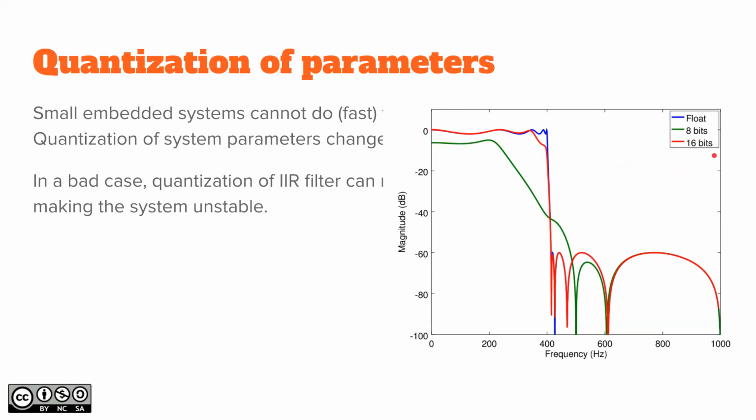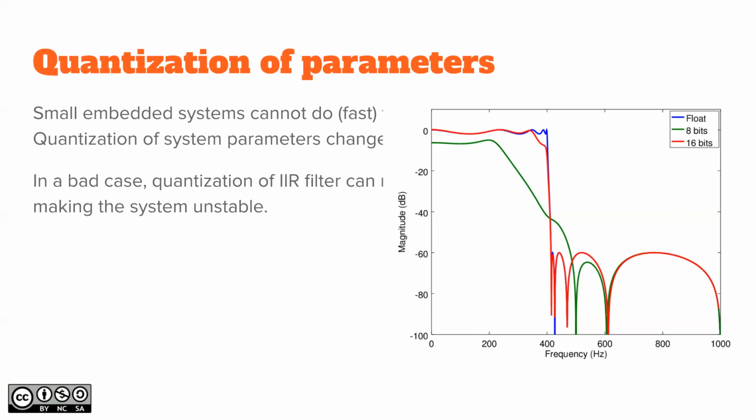If I round these floating point coefficients to a 16-bit presentation, only 16 bits, basically I start having something funny going on in the passband. The stop band is usually not that bad for IIR systems because the amplitude response of an IIR system is dominated by the poles which are close to the unit circle.